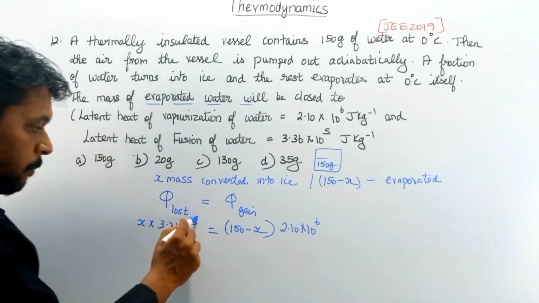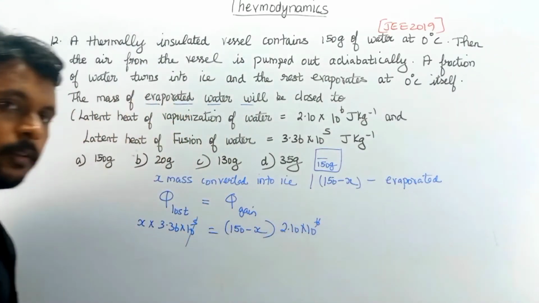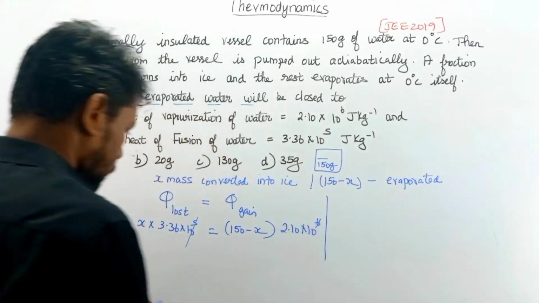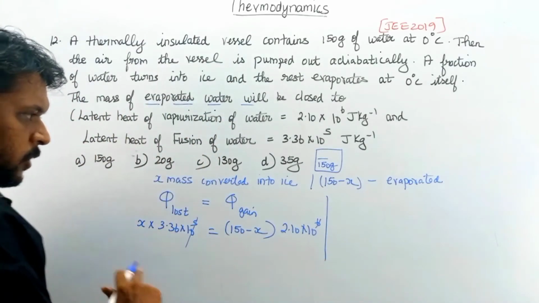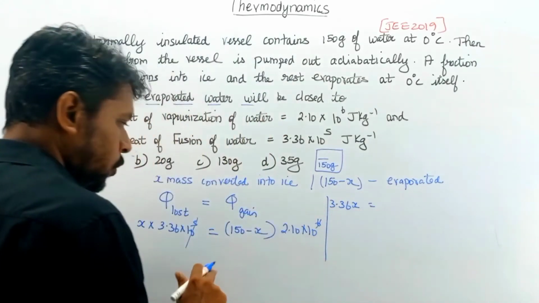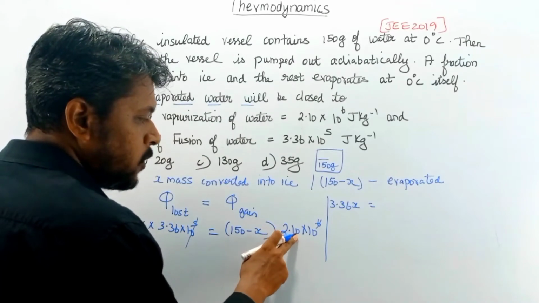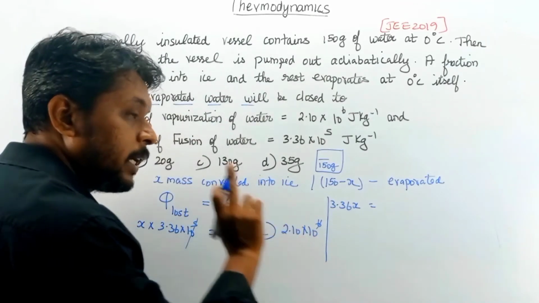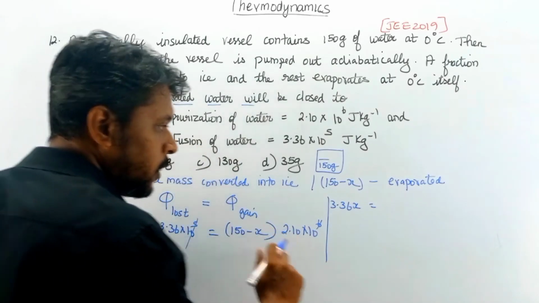So here we see this 10 power 5 and 10 power 6, so 10 power 5 could be cancelled. So now what is the remaining? 3.36 into X will be equal to 2.10 into 10, because 10 power 5 is taken, only 10 remains. So 10 into 2.10 is 21.